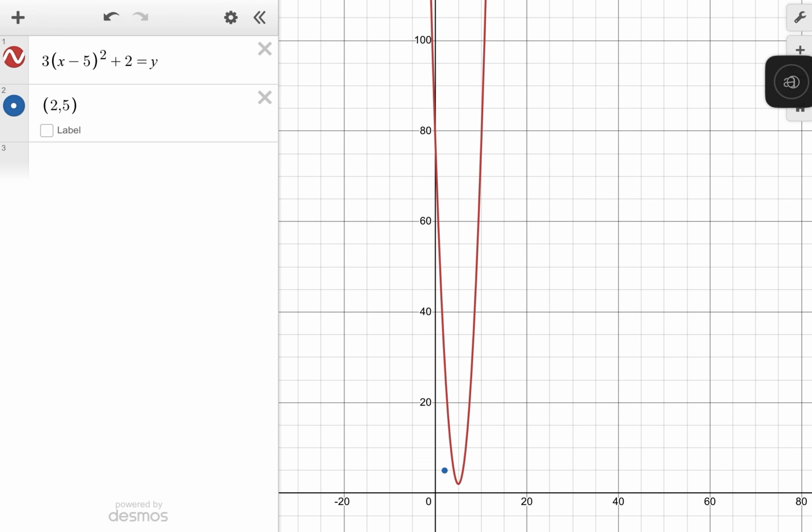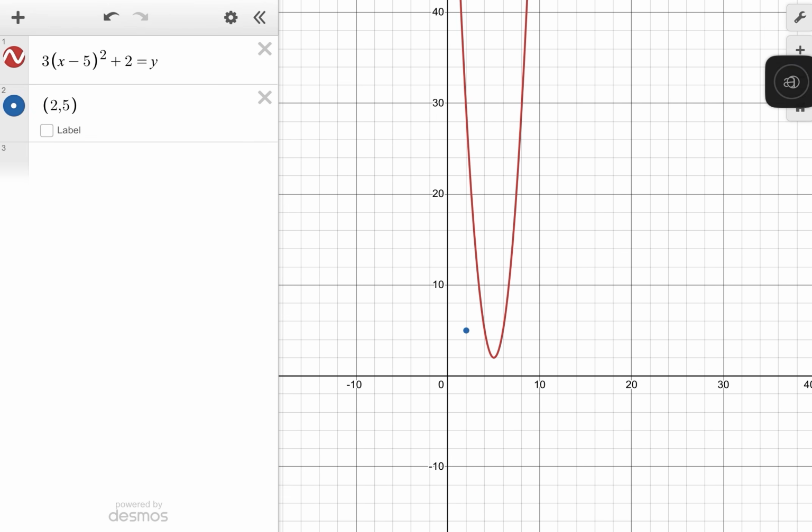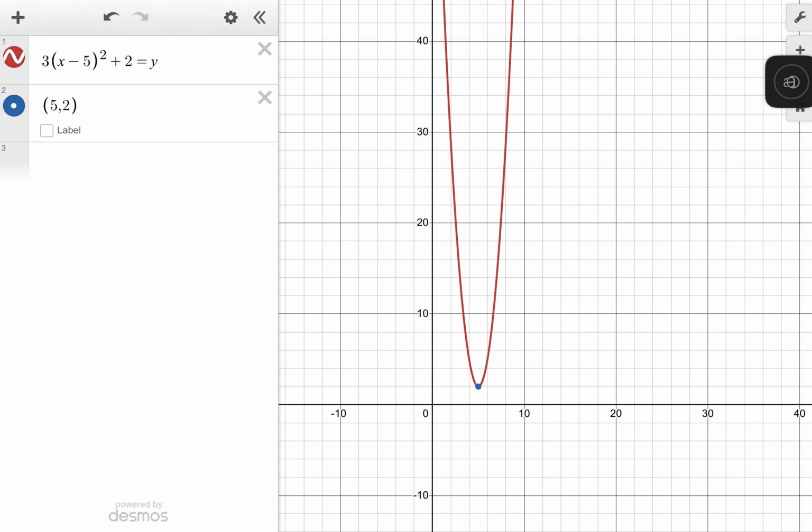Why am I going over this? Because sometimes you don't need to use the graph if they already give you a point. Like they already give you that the minimum is 5 comma 2, so you don't really need to graph. So that's when you use a shorter method, like a trick.